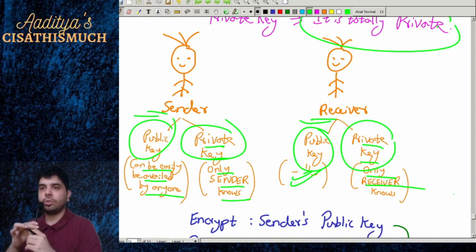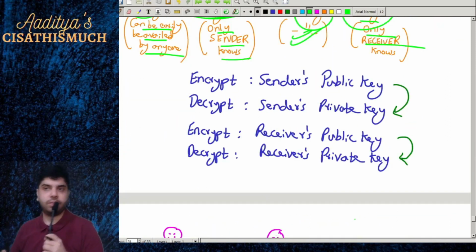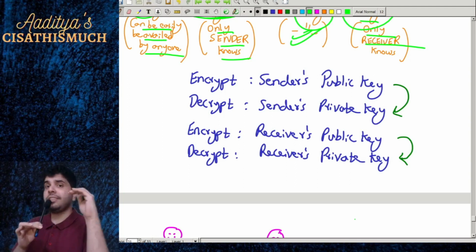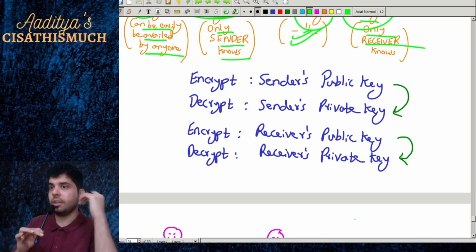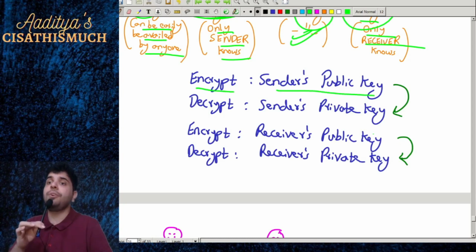All right, so let's look at the basic process. Again, this is not the entire process, but we are just starting with the concept. There is encryption and then there is decryption. Now you can encrypt using the sender's public key, and then you will have to decrypt with the sender's private key.